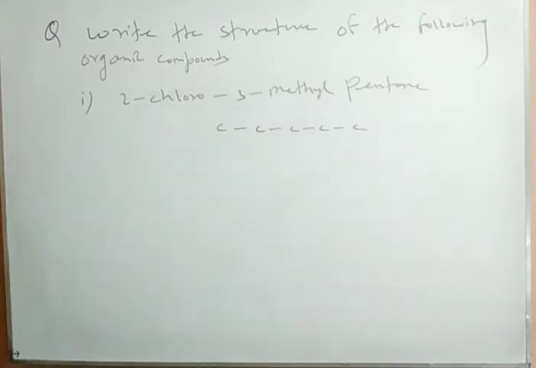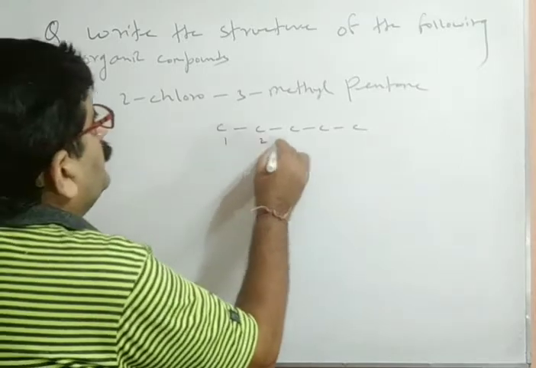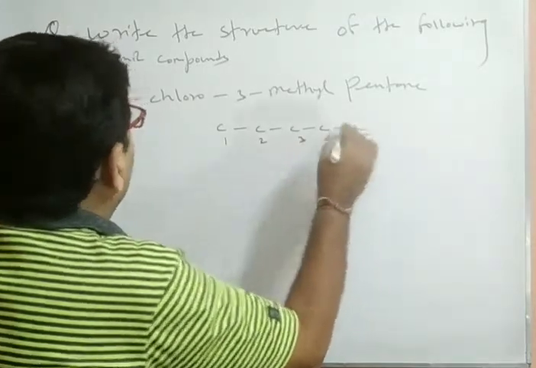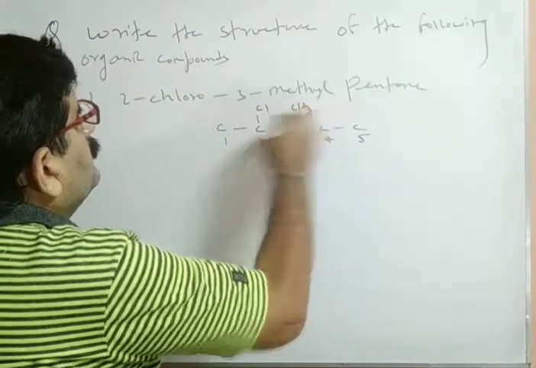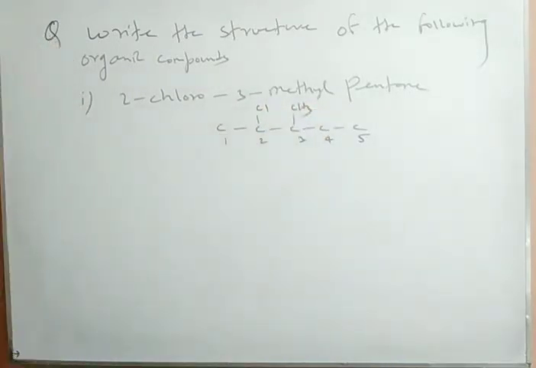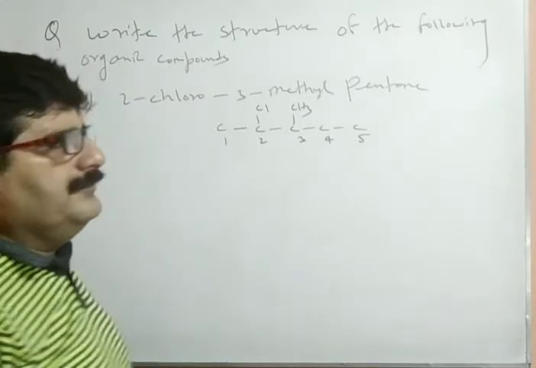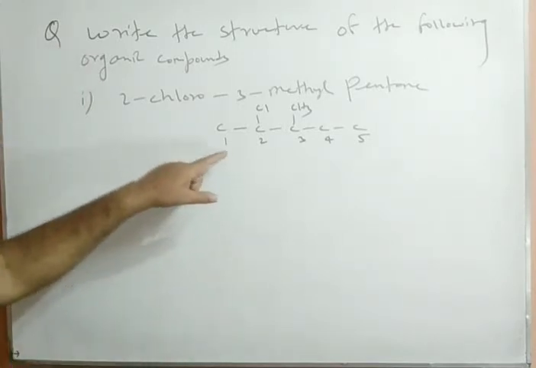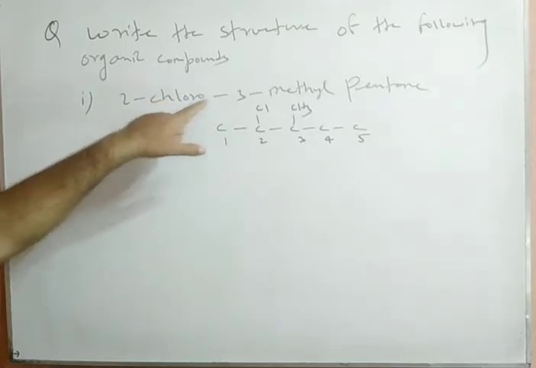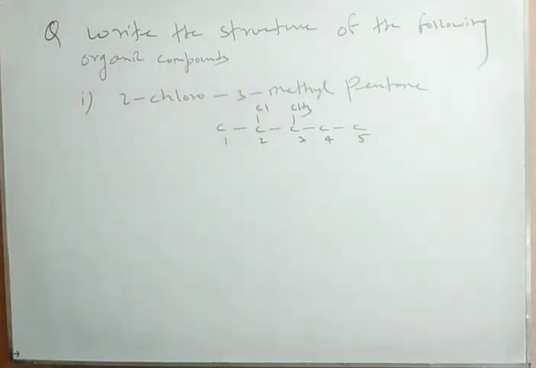Total number of carbon atoms 5. Numbering becomes 1, 2, 3, 4, 5. 2-chloro, 3-methyl. Other hands of the carbon atoms are satisfied by hydrogen atoms. So the name of this compound is 2-chloro-3-methylpentane.